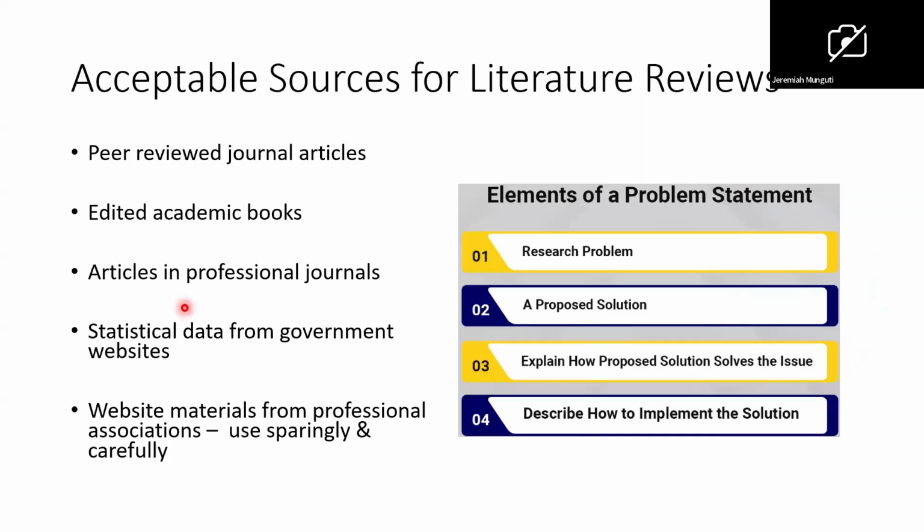Where do we find these sources for literature review? What are the acceptable ones? The first two are important. Peer-reviewed journal articles, and there are different classes, quote unquote, of journals.